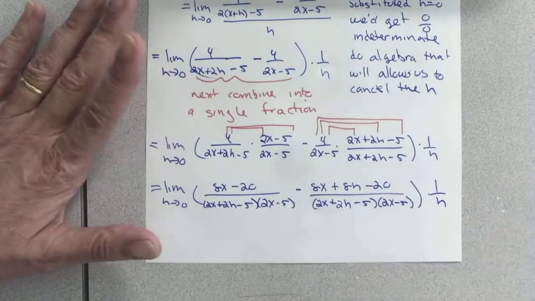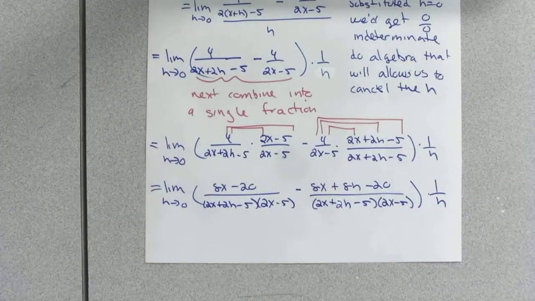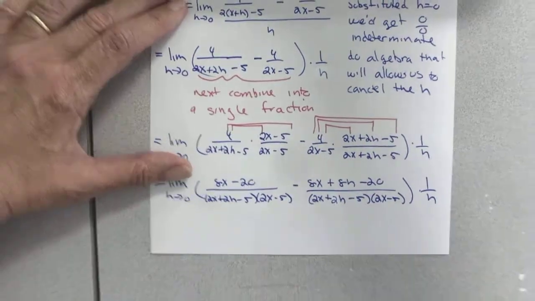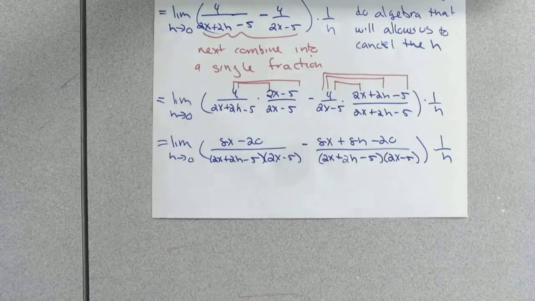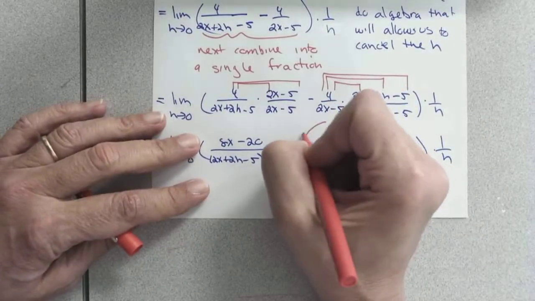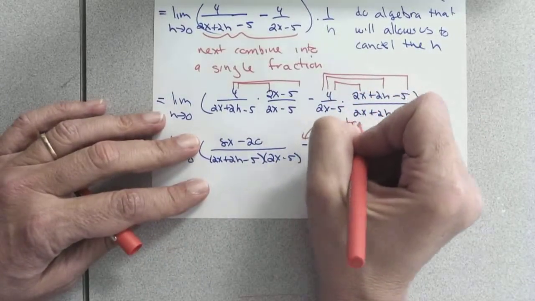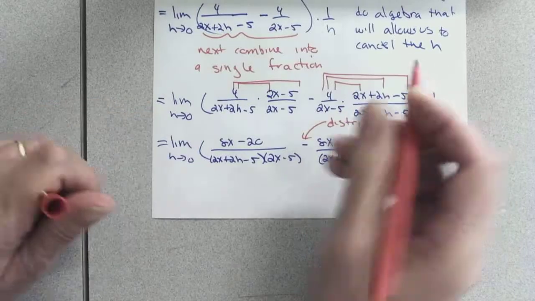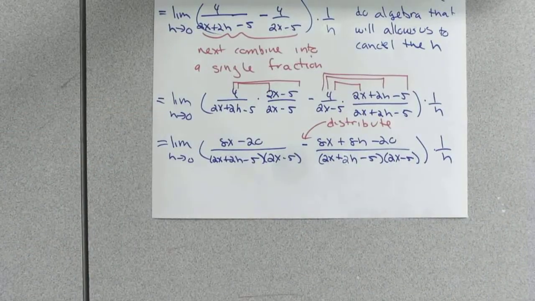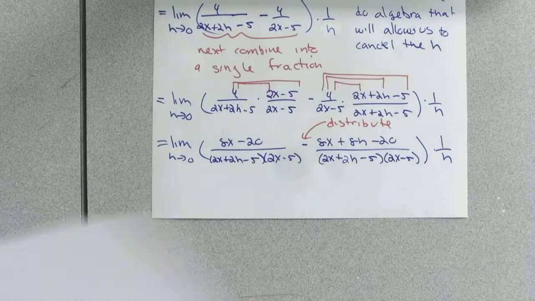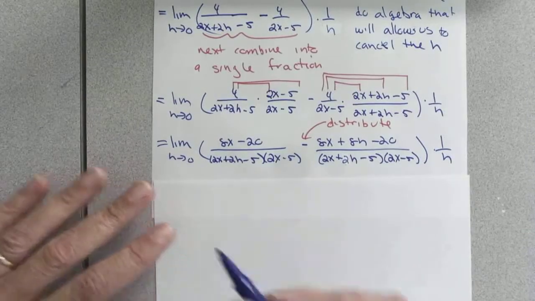Still times 1 over h, showing every step I can think to show. Now we have a common denominator, so I can subtract these fractions, being sure to distribute that minus sign there.